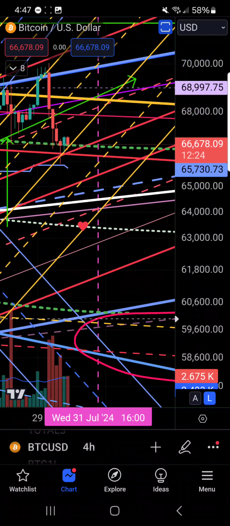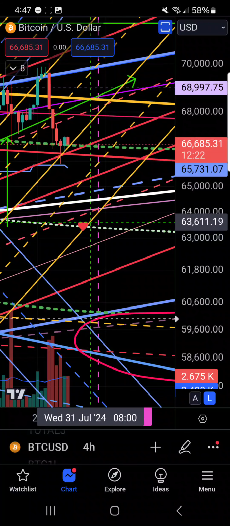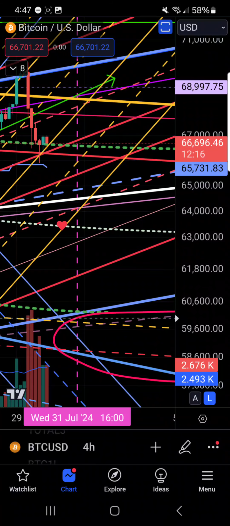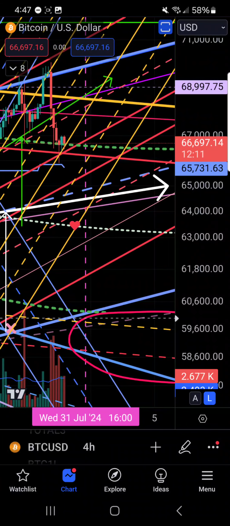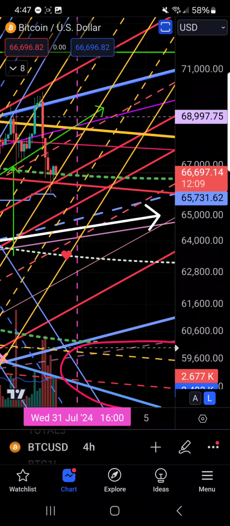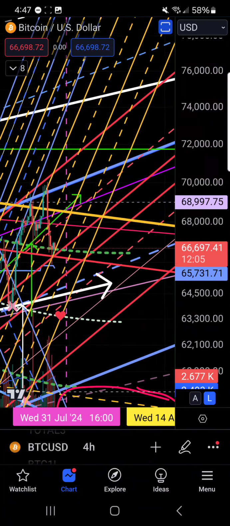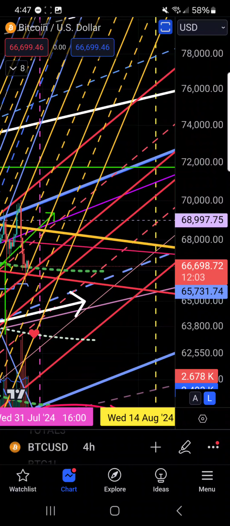The bears try really, really hard. They could get us to come down here prior to the FOMC meeting. The thing is, there is a lot of buy pressure, and this thing is about to explode. Okay, there's no question about that. Bitcoin is about to explode.